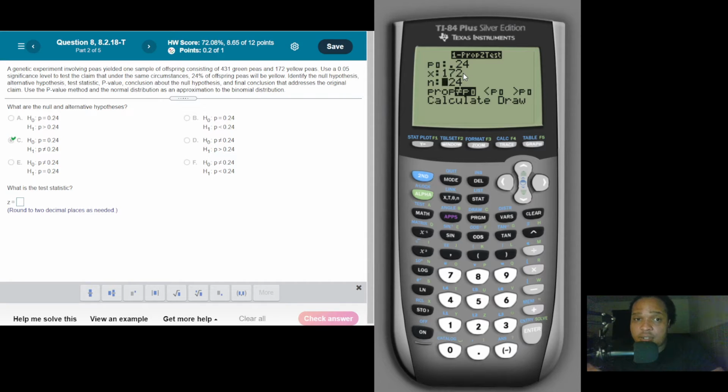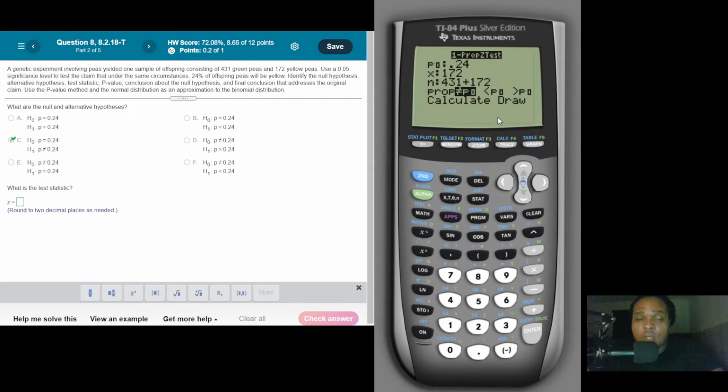Now your N, your sample size, the whole enchilada, everything added together. They didn't give us everything as a solid number, but they did give us a number of greens and a number of yellows. So we can find the total by adding them together right here in this calculator menu. So 431 plus 172. Don't be so quick to just say the N is always the bigger number each and every time.